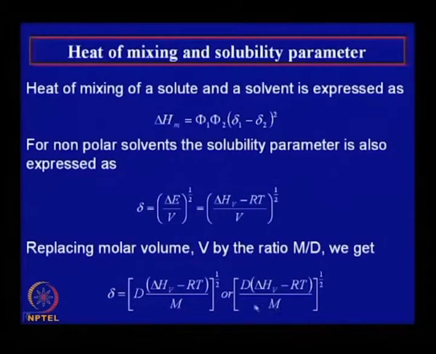Simple derivation, we get this relation, where d is the density, m is the molecular weight, delta H v is the heat of evaporation, R is the gas constant, T is the temperature in Kelvin, and m is the molecular weight of the repeat unit of the polymer.